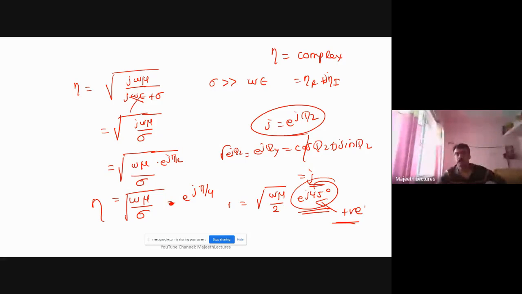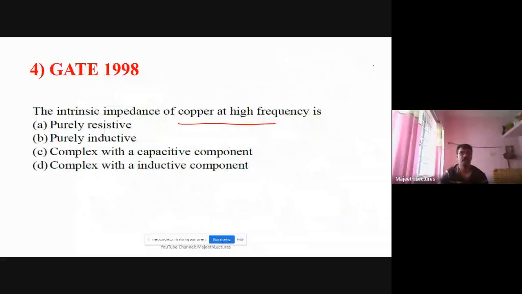It is a complex number. So it is plus 45. Plus means inductive, minus means capacitive. That we know from circuit theory. So it is complex with the inductive component. Fine? Okay.